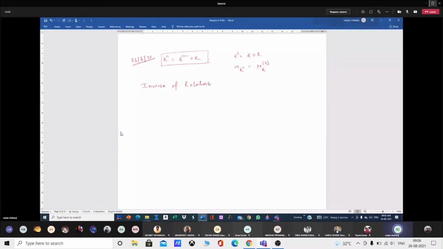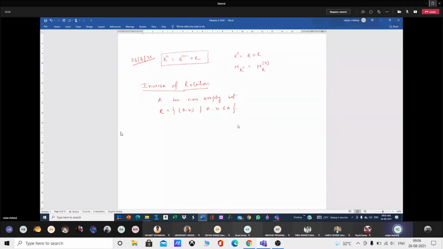So I'm considering a single non-empty set A, and R is defined as the set of pairs (a, b) such that (a, b) belongs to A.